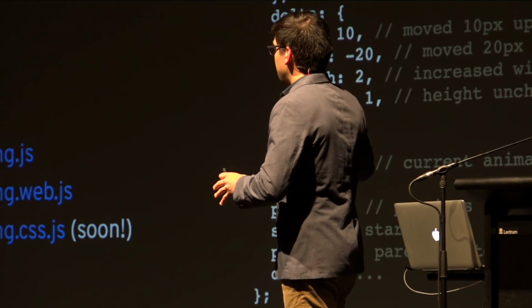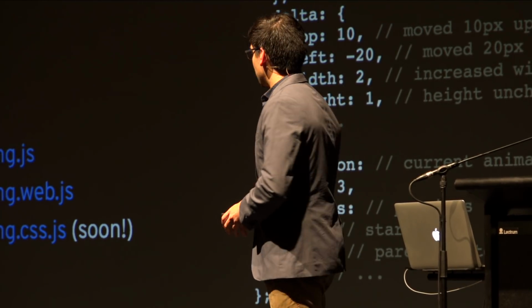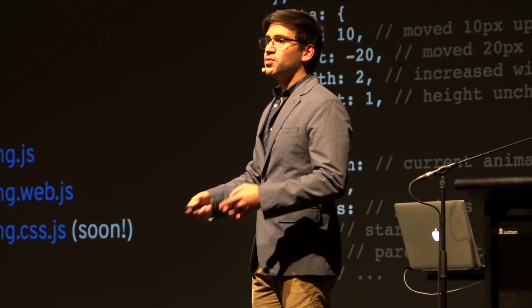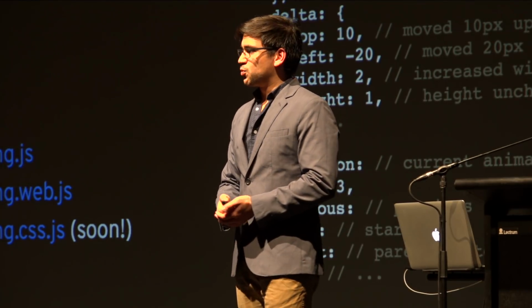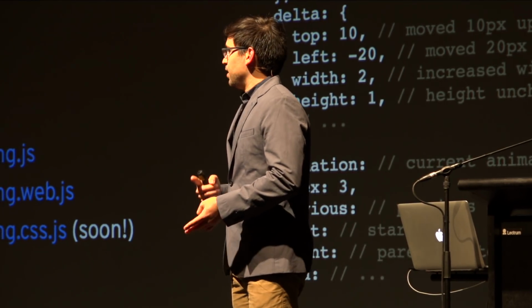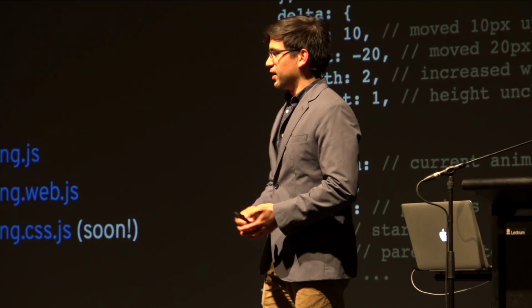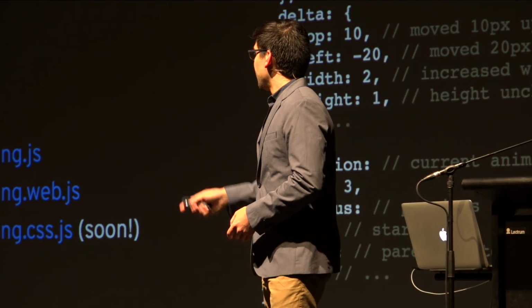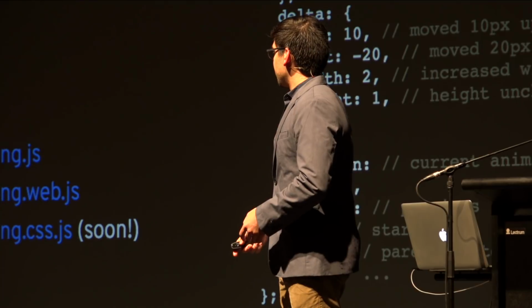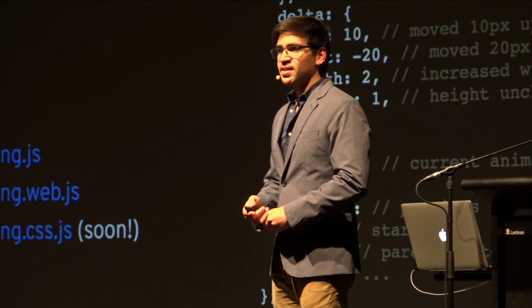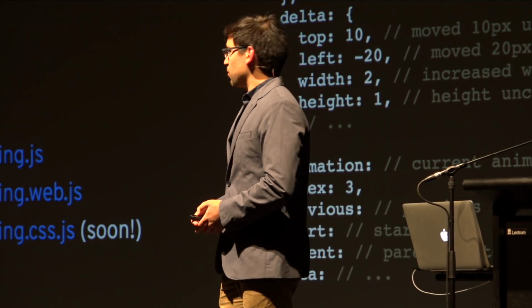This is everything you could possibly want to create these animations. Flipping.web uses the Web Animations API, which works in both Firefox and Chrome. If you're using Safari, hopefully they get the Web Animations API working soon. And pretty soon, I'm going to be releasing flipping.css.js, which uses CSS variables in order to control your animations.